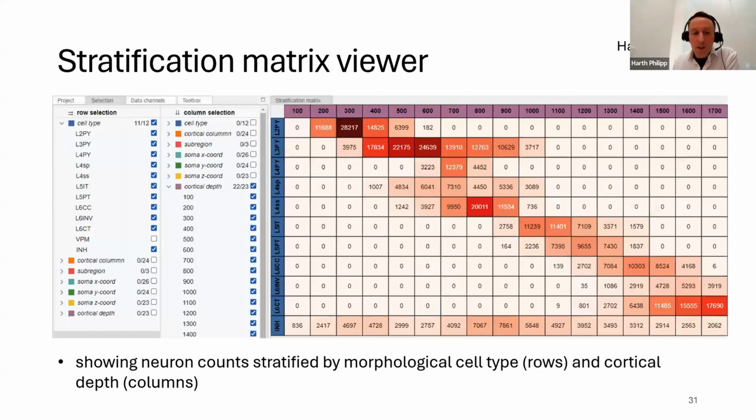So one example is shown here, where we use this tool to stratify the neurons in our barrel cortex model, both by morphological cell type, which we assigned to the rows of the stratification matrix, and by cortical depth, which is here binned into increments of 100 micrometers. And then we see this layered structure of the distribution of cells in this model.